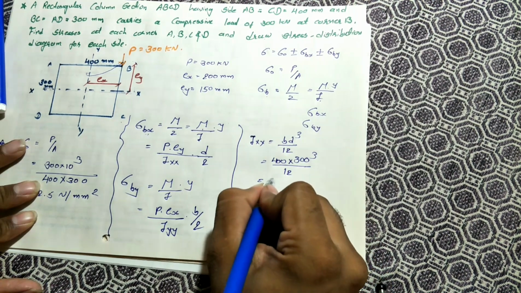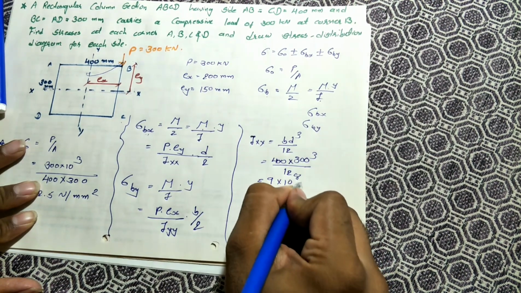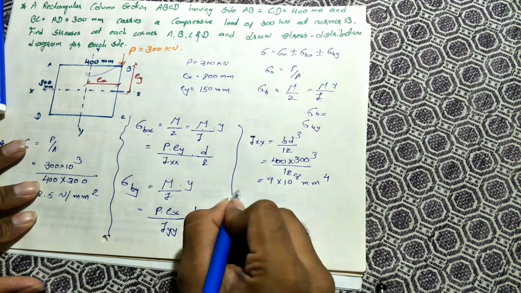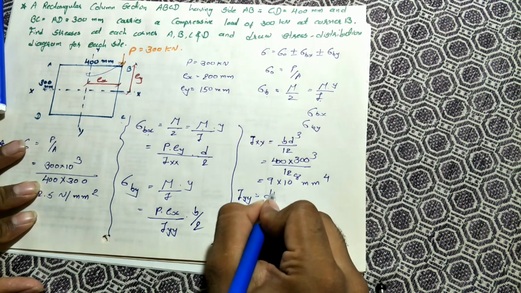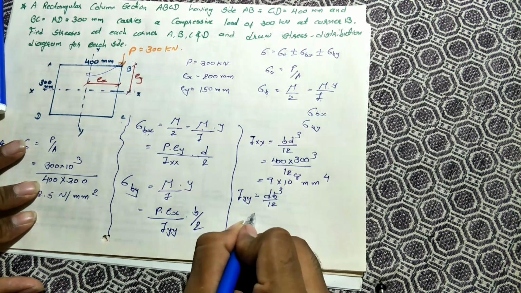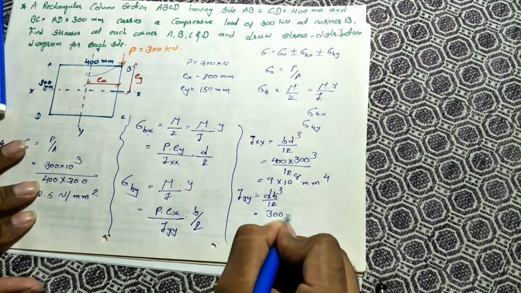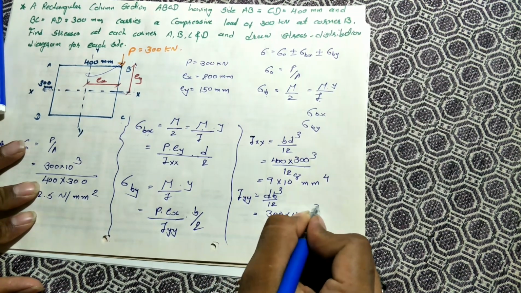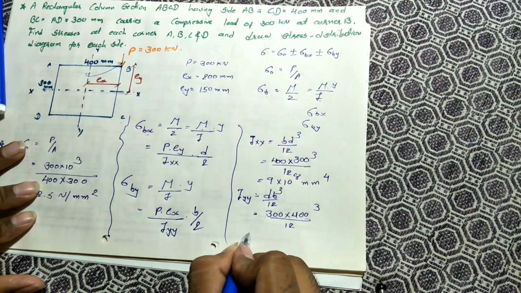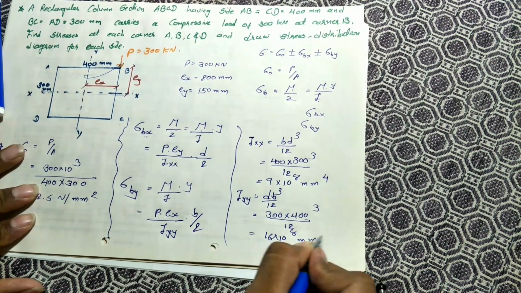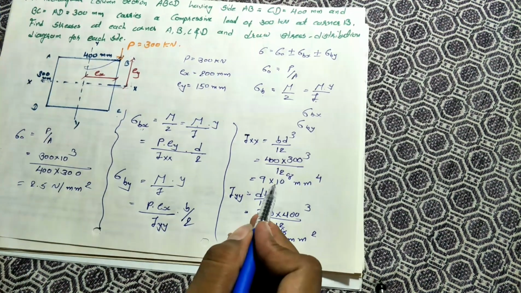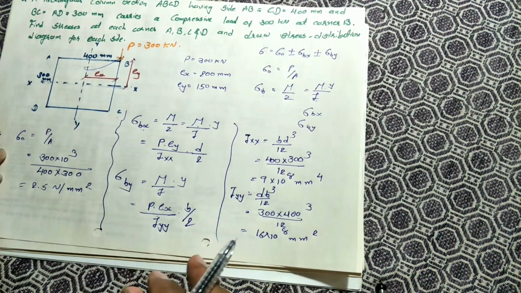This answer will be 9 into 10 raised to 8 mm raised to 4. Now Iyy equals db cube by 12, that is again 300 into 400 cube divided by 12, equals 16 into 10 raised to 8 mm raised to 4.